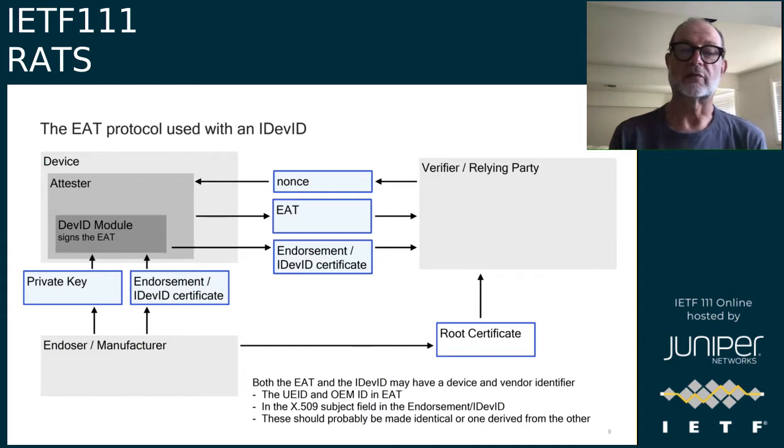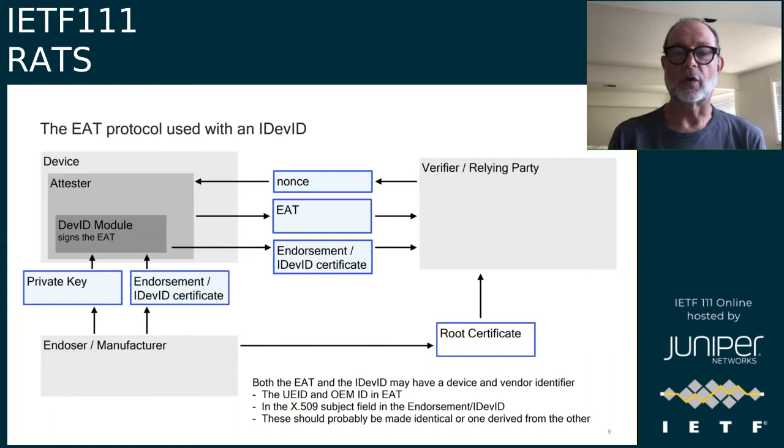So the nonce comes, and then the attester creates an EAT. It signs the EAT with the private key from the DevID module. The way I understand DevIDs to work is that the endorsement goes along to the verifier, and then a root certificate goes separately. So this is how you would use them together.